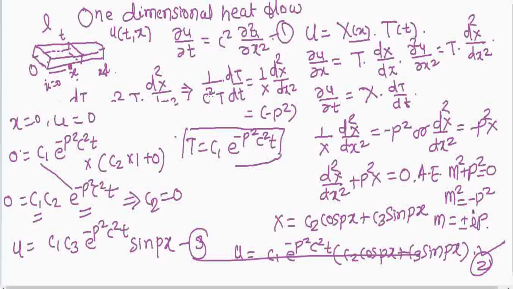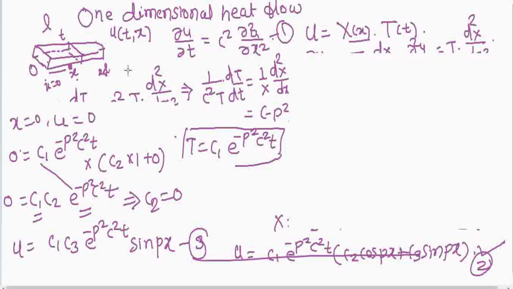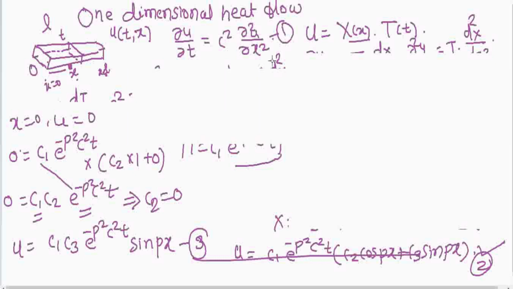Again we apply another condition. At the other point also the heat is 0. That means at the end point where x is equal to L, we do not have any kind of temperature. It is insulated, therefore when x is equal to L, u is also equal to 0.